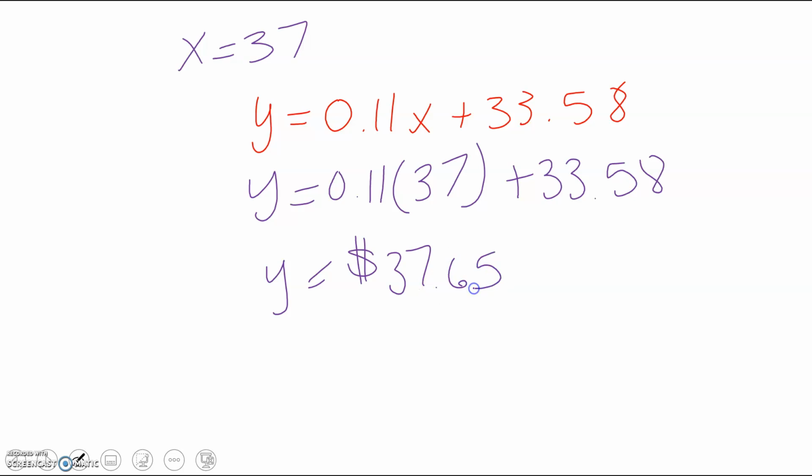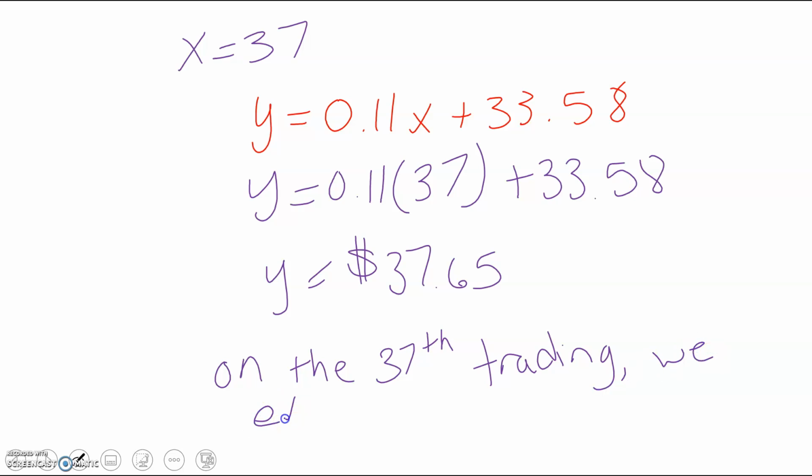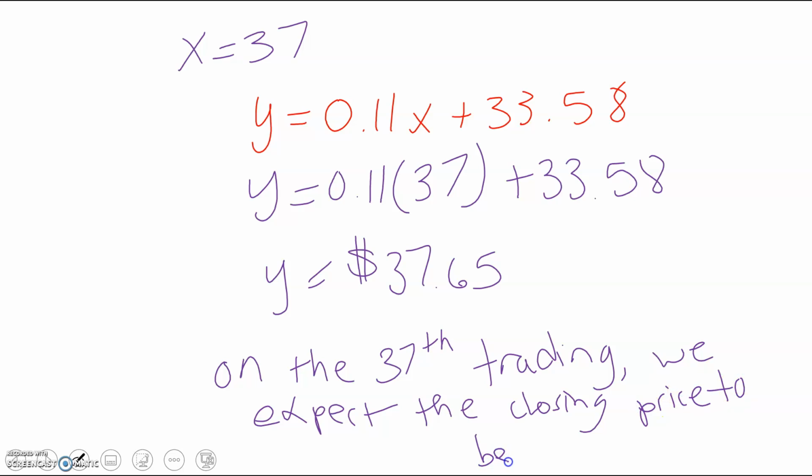So we could then say on the 37th trading day, we expect the closing price to be about $37.65. Now do note that this won't be perfect, right?